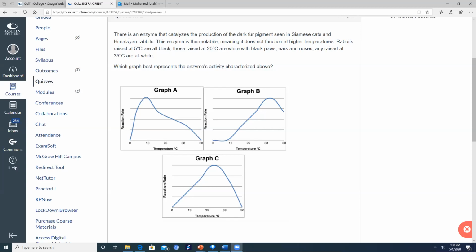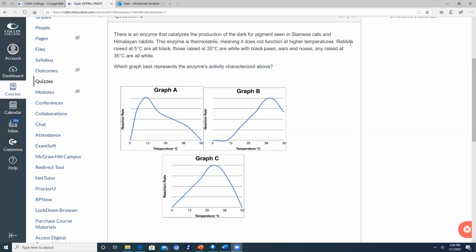Here the question is about an enzyme that makes pigments for Siamese cats. The enzyme is thermolabile, meaning high temperature will kill it and make it inactive, and there will be no pigment at all.